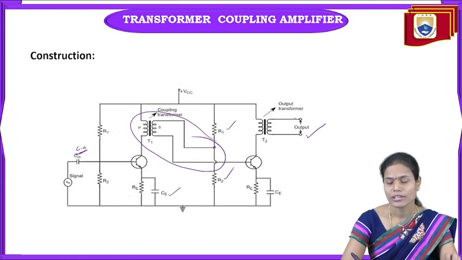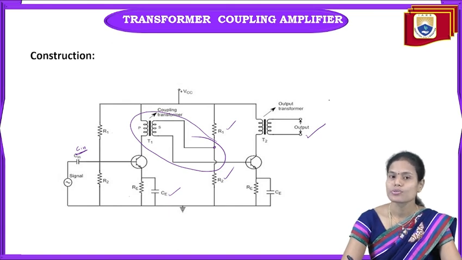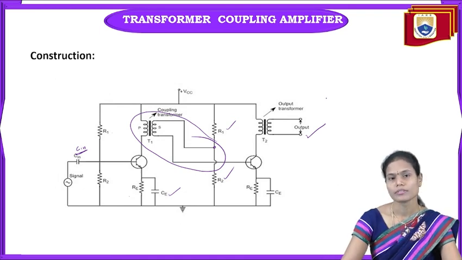The basic advantage of the transformer coupling is that it provides the best impedance matching between all the stages present in the multi-stage amplifier, and it reduces the effective load resistance drawback of the RC coupled amplifier. Because of that, we mostly prefer the transformer coupled amplifier in some frequency range of applications.